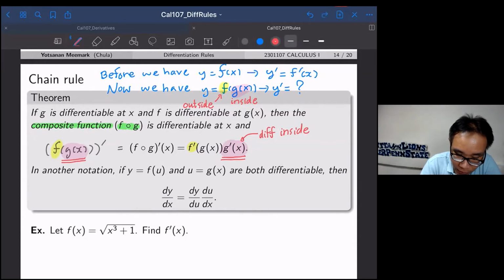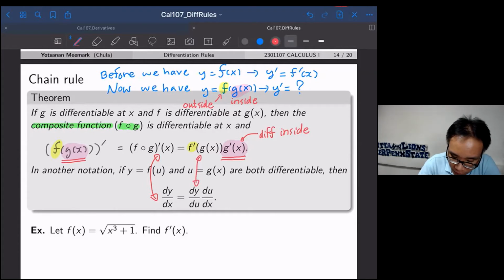So let me just write it down. This one is the same thing as this one, and you're going to have f prime of g of x, which turns out to be dy/du.